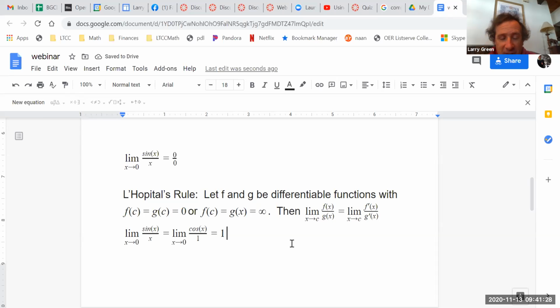It turns out with L'Hopital's rule, if you had either of those, then you can still use it. So if you have 0 over 0 or infinity over infinity, L'Hopital's rule is allowed and it works.